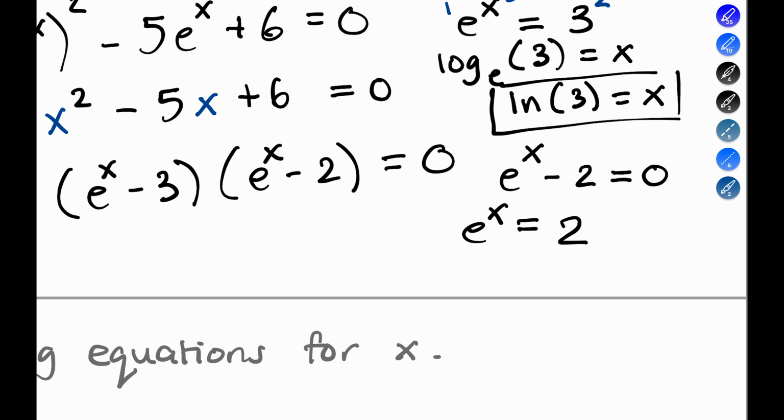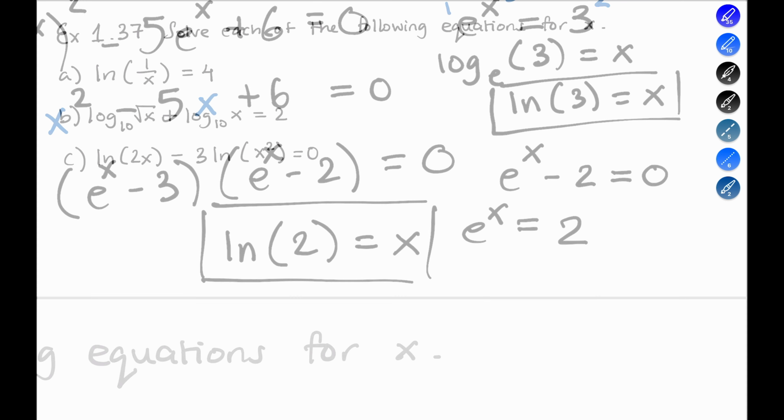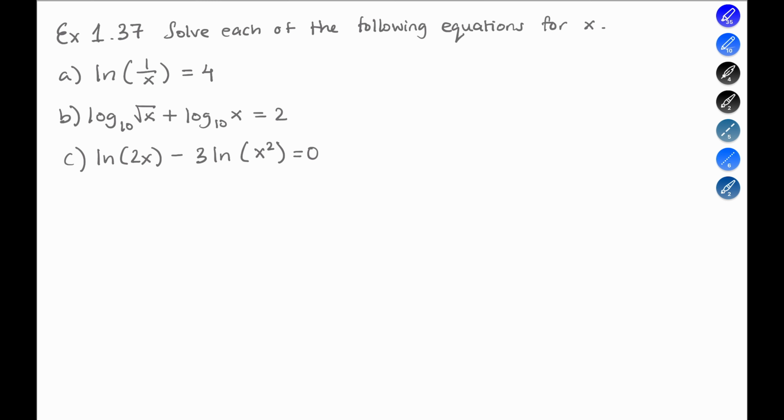And so we could use the same logic, and that will end up being natural log of 2 is equal to x. So this is our second solution, and so that now completes this problem. We have natural log of 2 is equal to x, and natural log of 3 is equal to x as well. Now let's work on example problem 1.37.